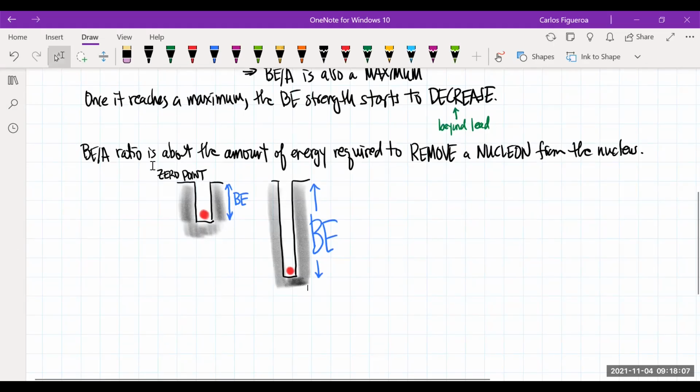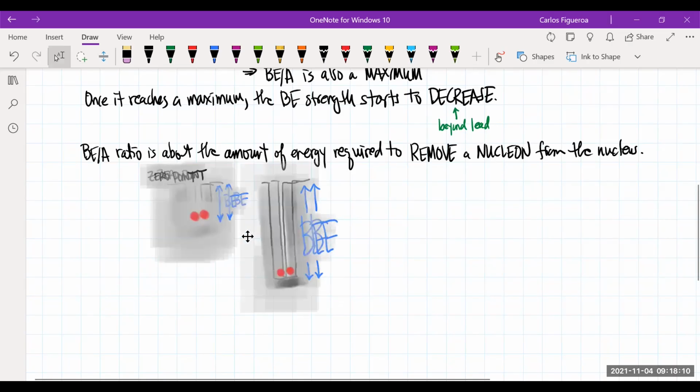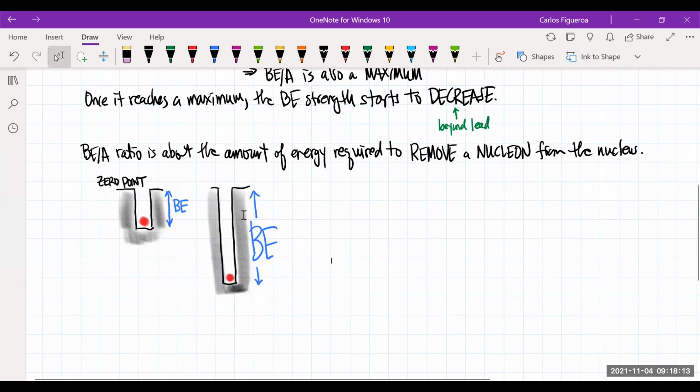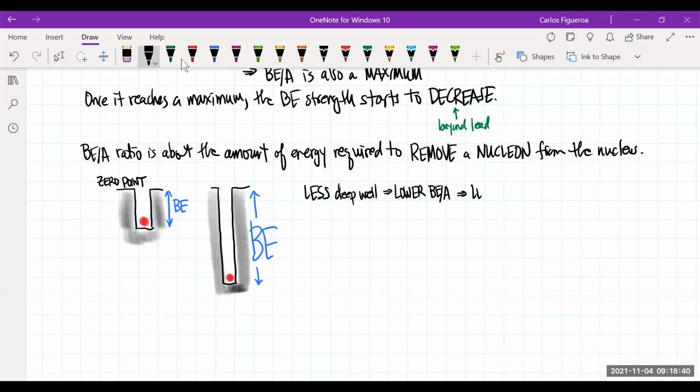So then in the language that we're talking about, I'm going to move this over here. In the language that we're talking about, we got to be saying the following thing. So if I have a less deep well, I'm going to have a lower binding energy per nucleon ratio. But wait a minute, if I have a lower, then that means that it's less tightly bound.